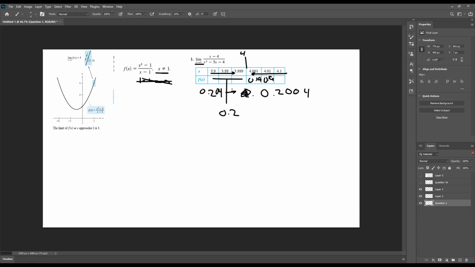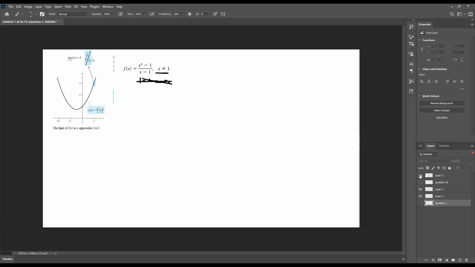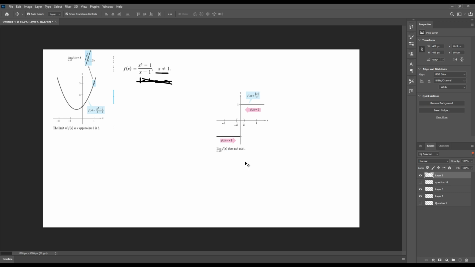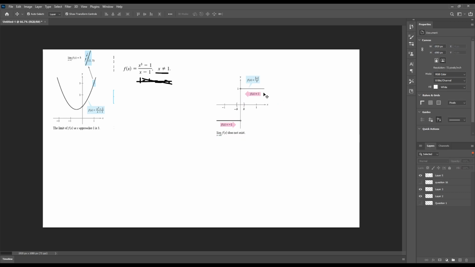Now let's talk about ones that do not exist. So this does not actually exist. The reason why is because this is an absolute value. As the absolute value slowly comes in, it's only coming in from one side, because this entire thing has to stay positive since this is an absolute value.